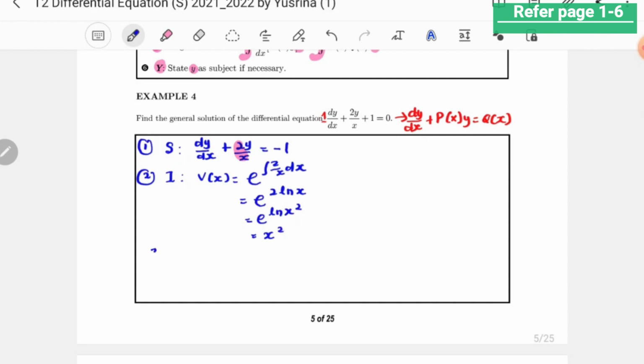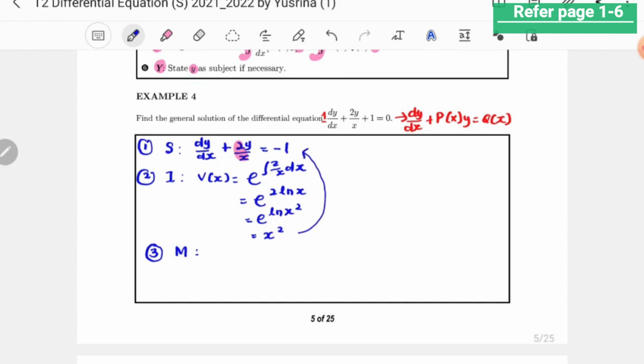Next, the third step is M. M means multiply v(x) on both sides of the standard form.